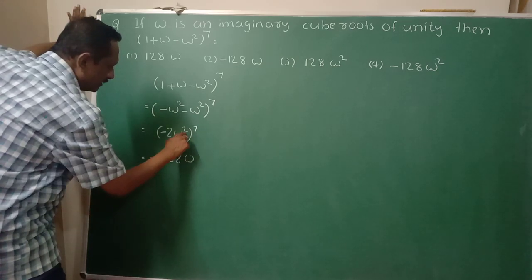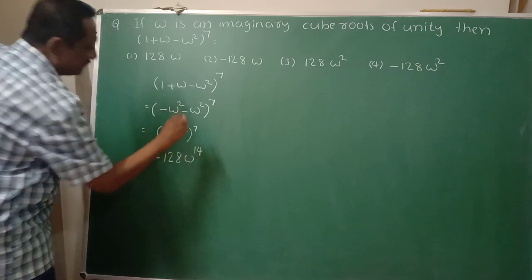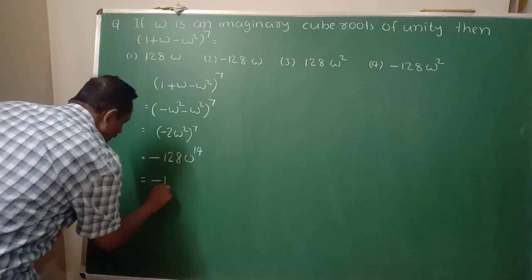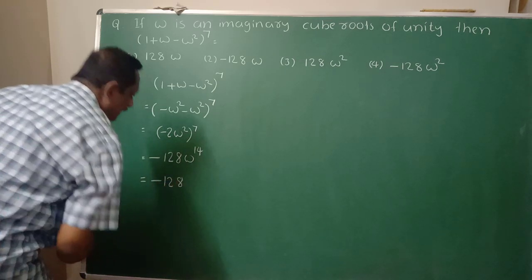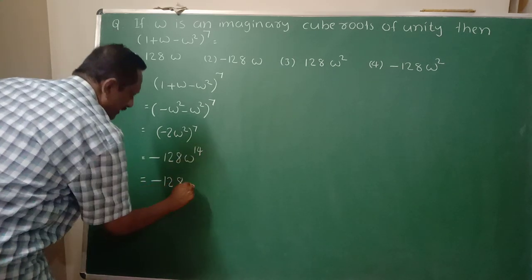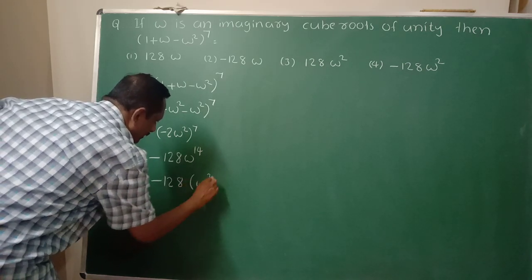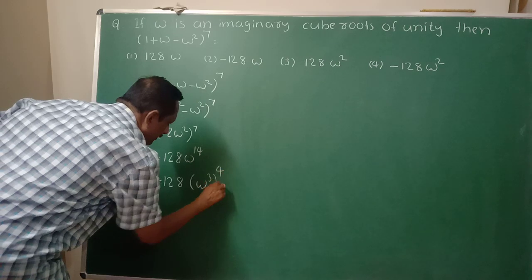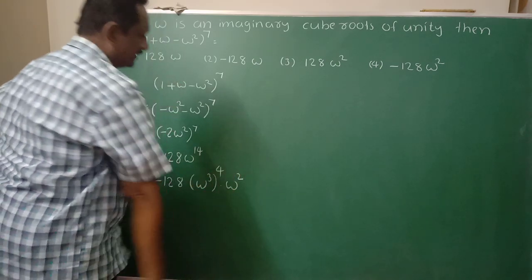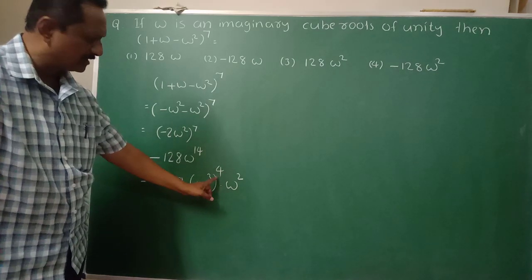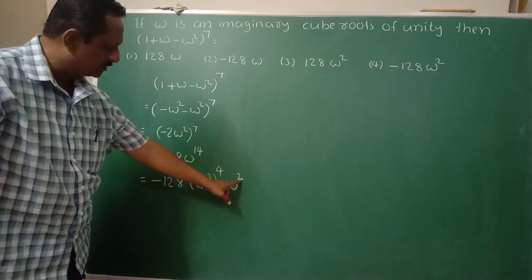Omega raised to 7 times 2, that is omega raised to 14. So this is equal to minus 128 omega raised to 14. Omega raised to 14 can be written as omega raised to 3, raised to 4, into omega square, because 3 fours are 12, and 12 plus 2 becomes 14.